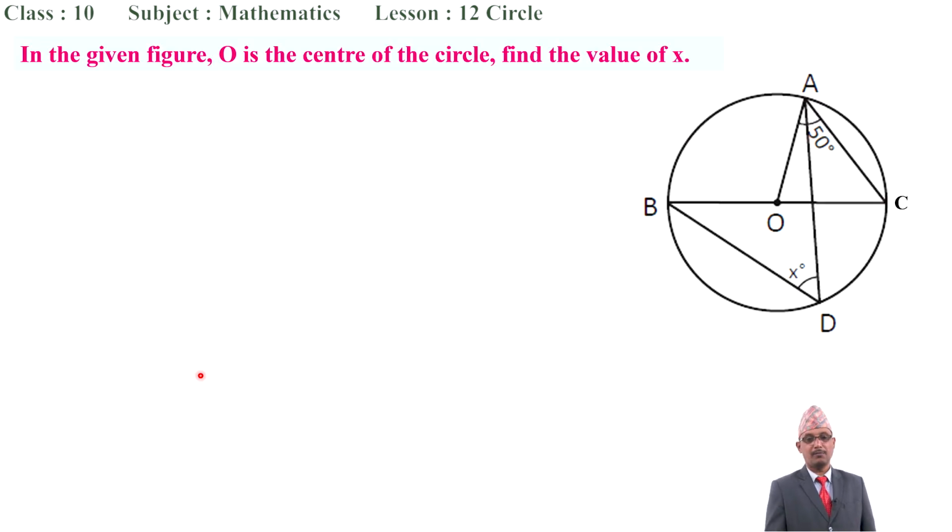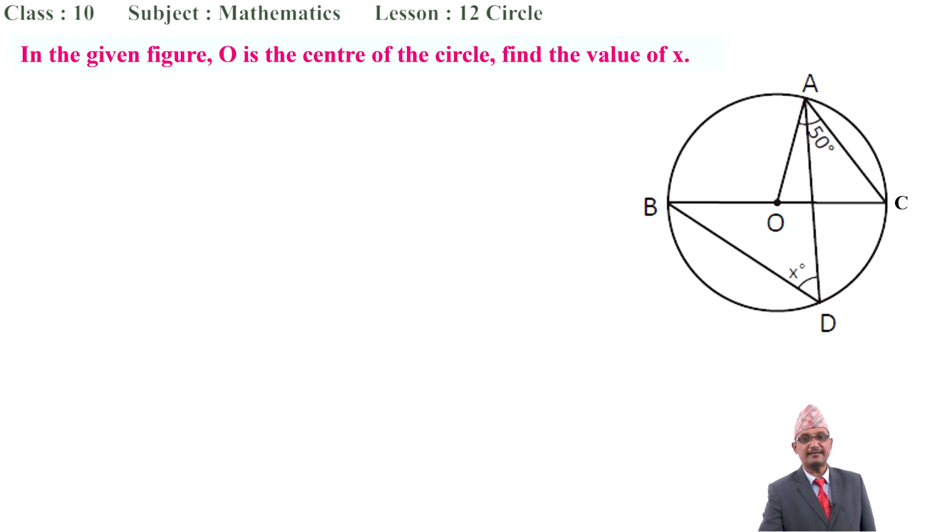So can we move to another question? Look here, another question. In this figure also, O is the center of the circle. Then we have to find the value of x. And again, this x is what type of angle? Yes, you are correct. This x is an inscribed angle standing on arc AB.